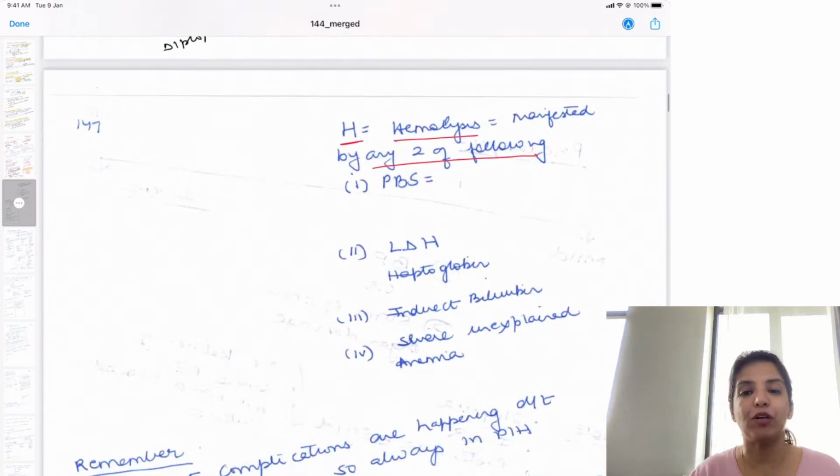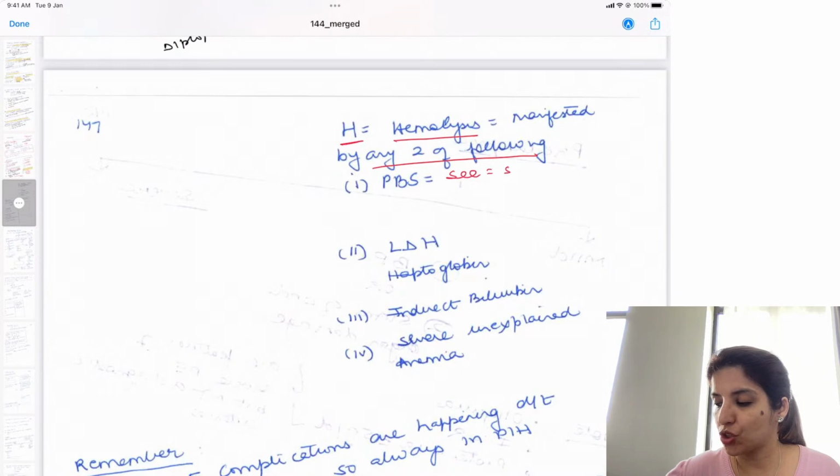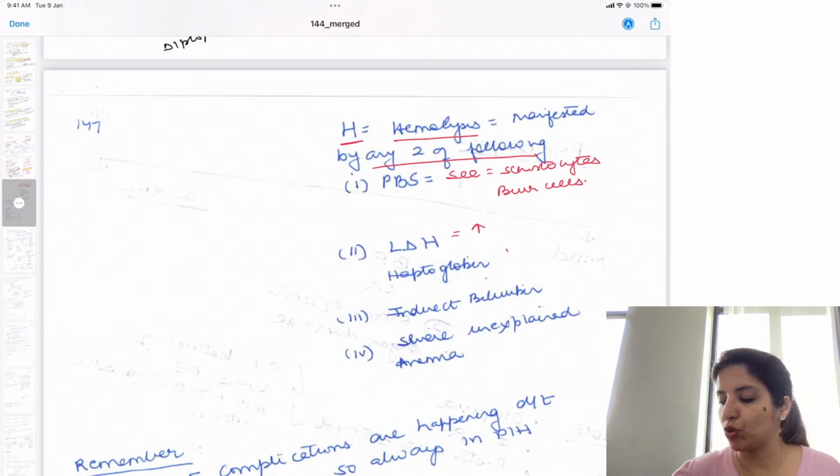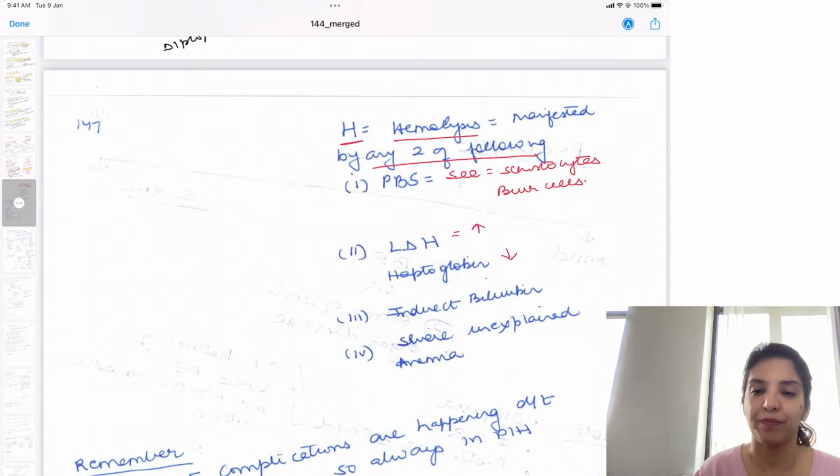So on peripheral blood smear, you should be able to see schistocytes or Burr cells. Then LDH levels should be high and haptoglobin levels should be decreased.